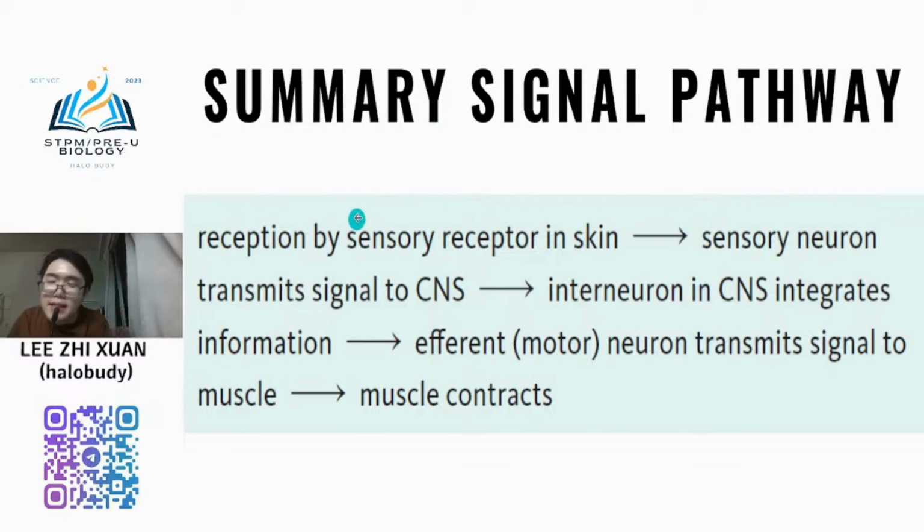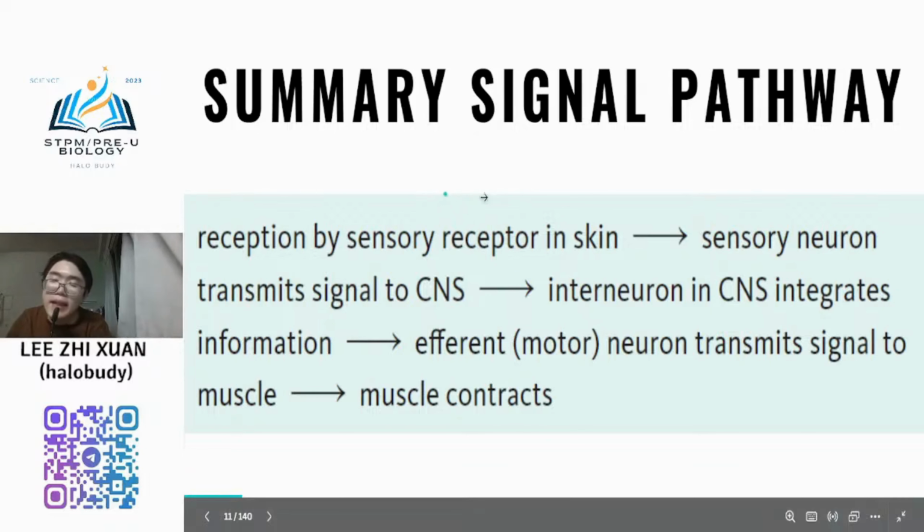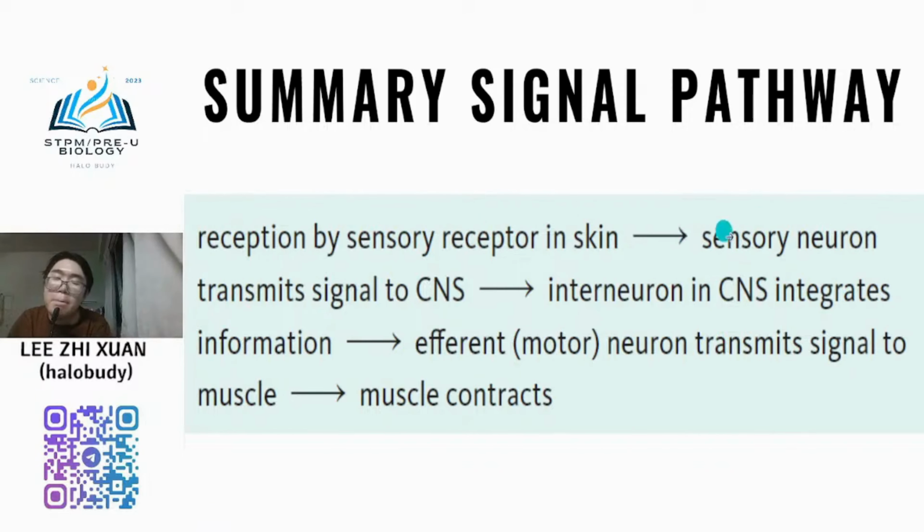So normally this is the signal pathway. You should have the sensory receptor. Every organ, not only skin, every organ should have the sensory receptor. So when the sensory receptor is stimulated, it will send the impulse through the sensory neuron to the CNS, central nervous system, and then inside the central nervous system, it will integrate all the information received.